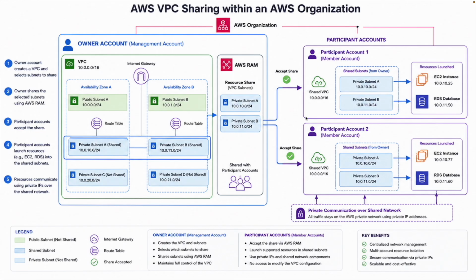But with VPC sharing, the networking team builds one well-designed VPC and shares the required private subnets with the separate departments, and then each department deploys its own workloads while benefiting from the centralized networking, security, and governance created by the networking team. This kind of architecture is widely used in enterprises adopting landing zone or Control Tower strategy. It centralizes network management while allowing application teams to deploy resources independently, providing a secure, scalable, and cost-effective foundation for multi-account AWS environments.